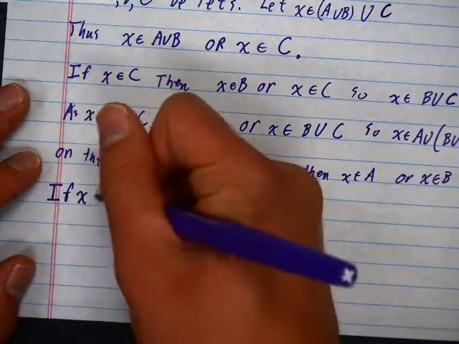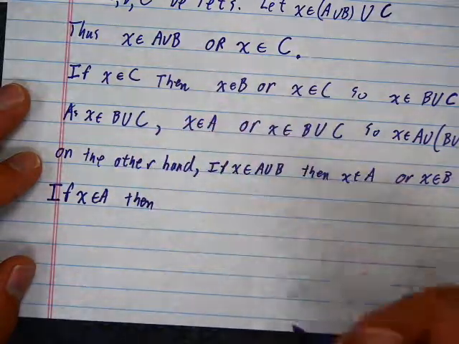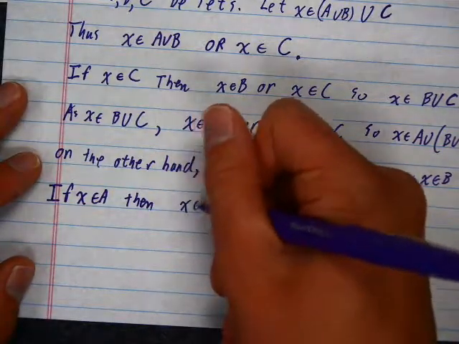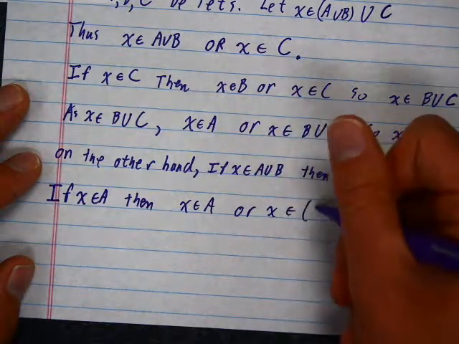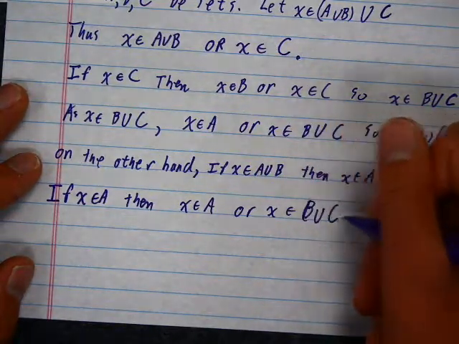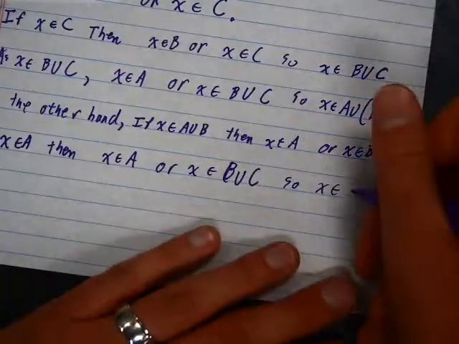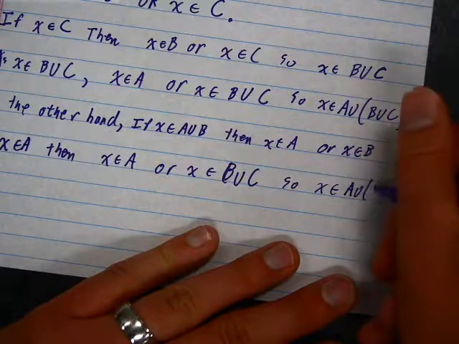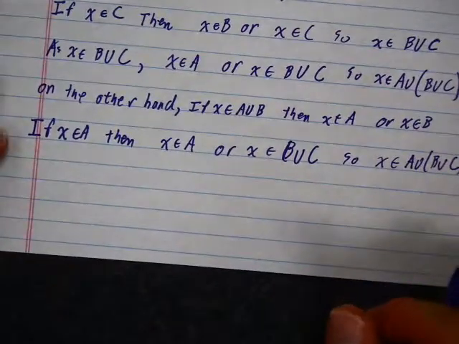If x is in A, then, well, it's certainly true that x is in A or x is in B union C. So x is in A union B union C, as we desired.